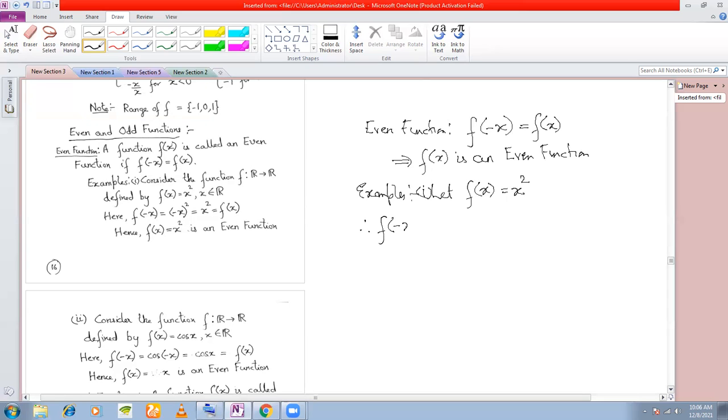How much is f of minus x? f of minus x, if you see, is minus x whole square, because you replace x by minus x, and minus x whole square is nothing but x square. So what do you see here, that f(x) was x square, and you also saw that f of minus x is also equal to x square. So since f(x) is the same as f of minus x, hence we say f(x) is an even function.